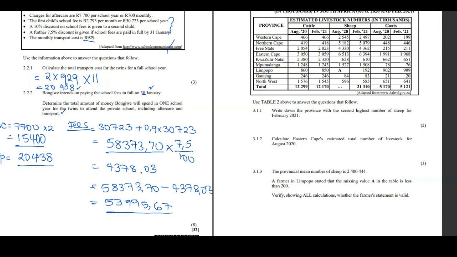When you subtract here, you might have a different answer according to your rounding off, but I've not been rounding off that much.